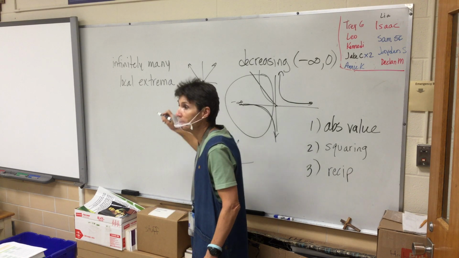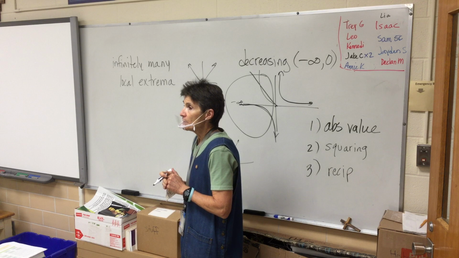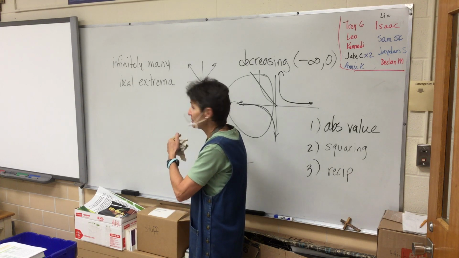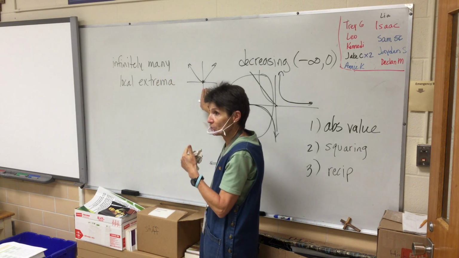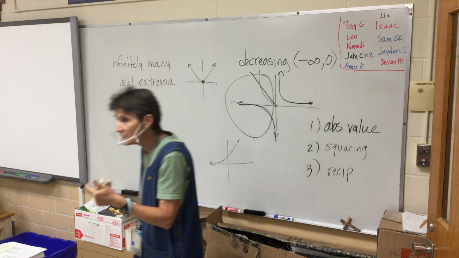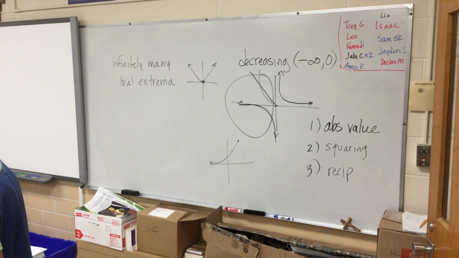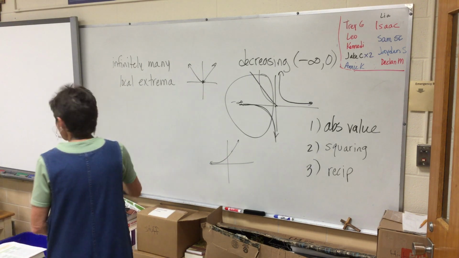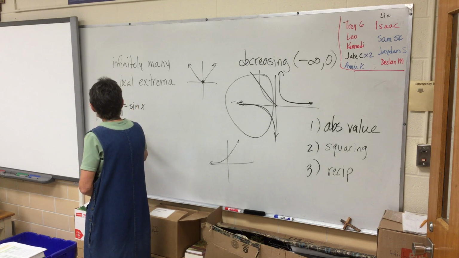That is a minimum point, the low point, the bottom of the valley. But there's only one of them. This says there are infinitely many. So when you think of a picture that has infinitely many hills and valleys, cosine and sine are the obvious ones. So sine and cosine are two of them.